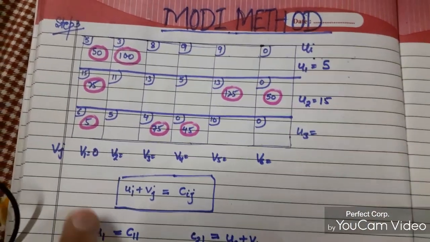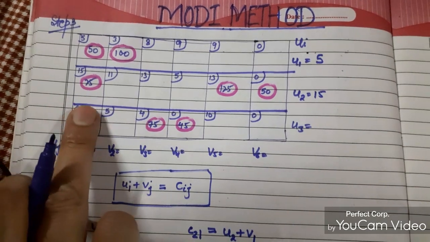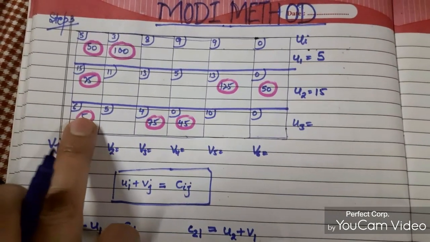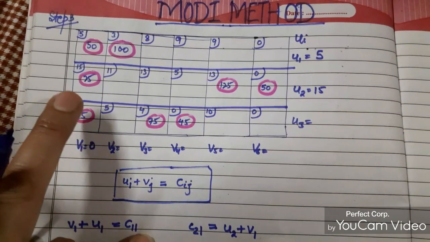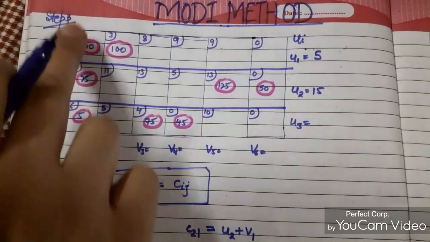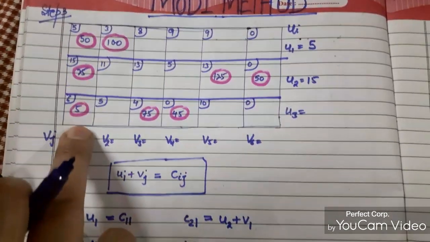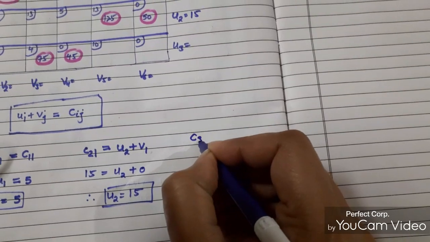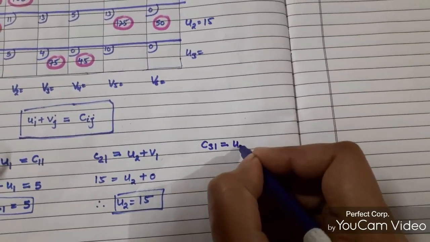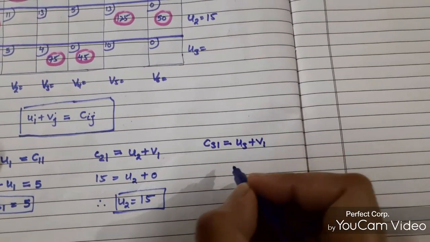Now we will use v1 equals 0 for this cell. We also have an allocation in this cell, so we use third row, first column. We write C31, that is u3 plus v1.